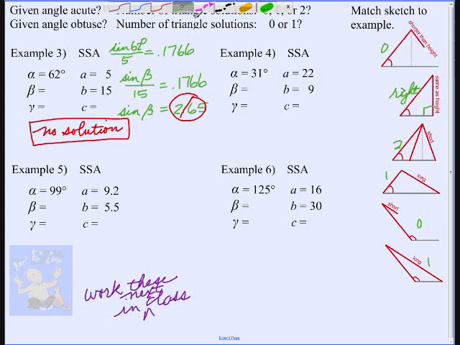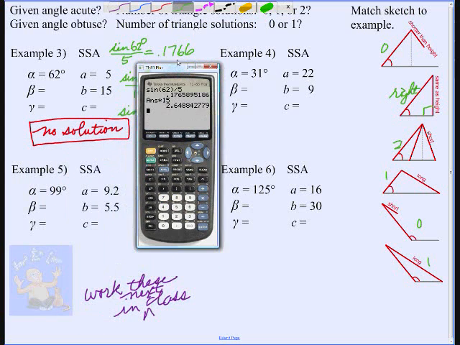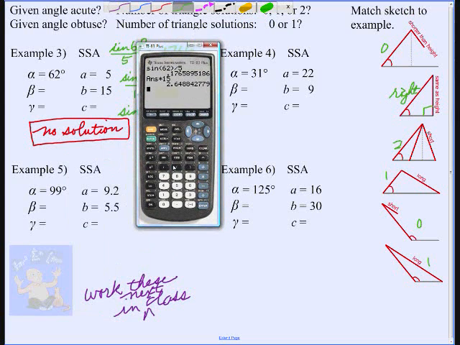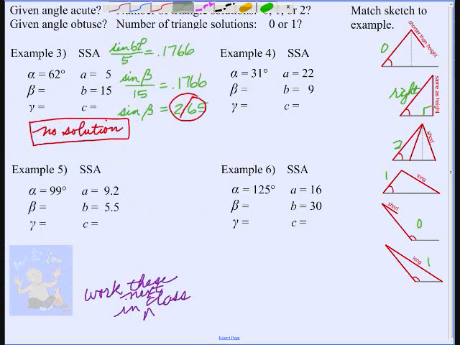Example 4. Let's find the ratio here. The sine of 31 divided by the length of the opposite side, 22, is 0.0234. The sine of beta over 9 equals this ratio.